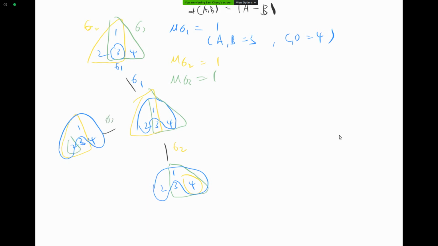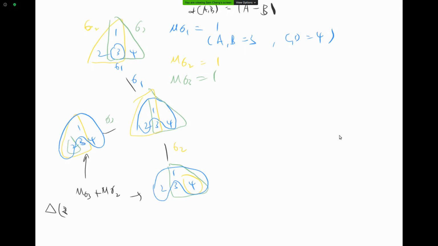And now I can compute, for example, what's the distance between these two nodes. So the distance between these two nodes will be equal to mu sigma 3 plus mu sigma 2, right? And by the way, actually I can compute the delta from this, and this is basically the delta between 2 and 4.